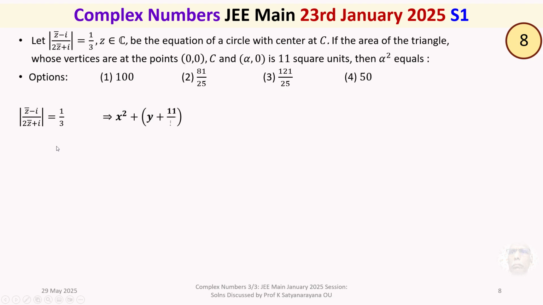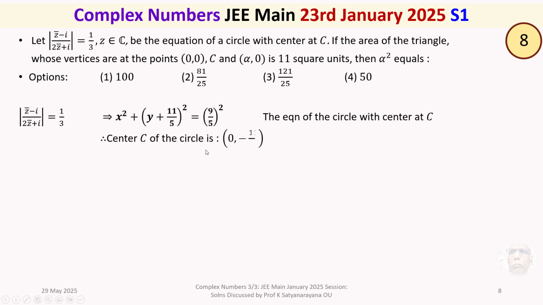That is the circle, and we got the circle equation, and the coordinates of the center C are (0, minus 11 by 5).